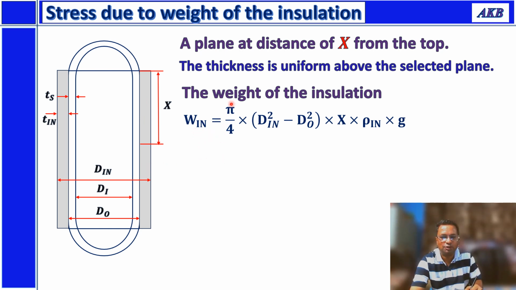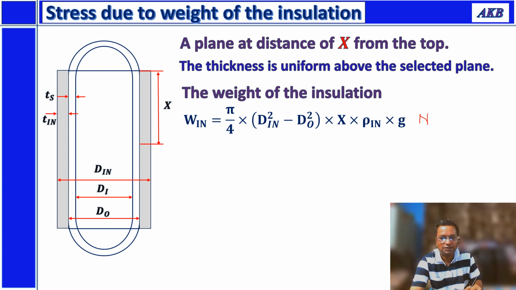So Win is equal to pi by 4 into din square minus dO square into x, because we are considering it up to distance x, into rho in into g. Again, this weight is going to have a unit of Newton.